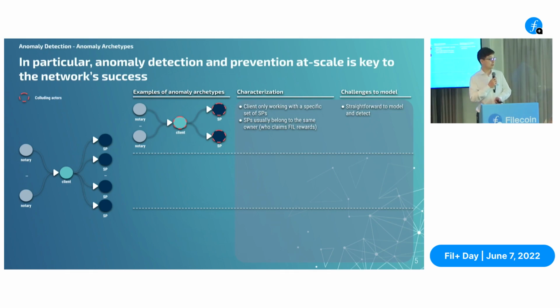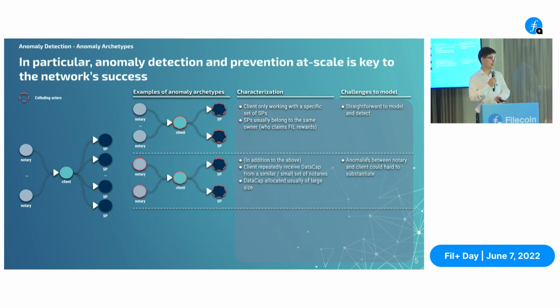So we think that this behavior is relatively easier to detect through proper data sets that are recorded on chain. And an interesting thing is these storage providers usually belong to the same owner. So the ultimate beneficiary of this type of behavior is relatively concentrated into one or a very few entities.